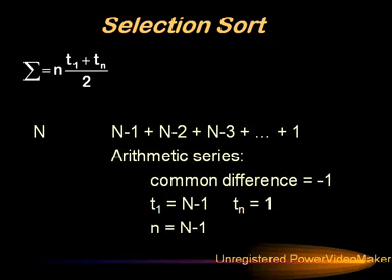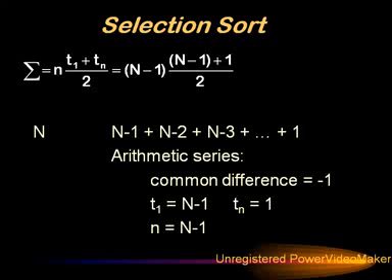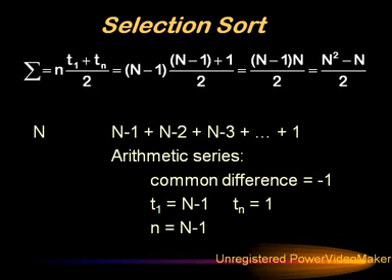Let's plug and chug. Substitute in for n, substitute in for t1 and tn, FOIL and reduce, and it comes out to n squared minus n all over 2. So if n equals 5, that's, let's see, 25 minus 5 is 20, divided by 2, 10.